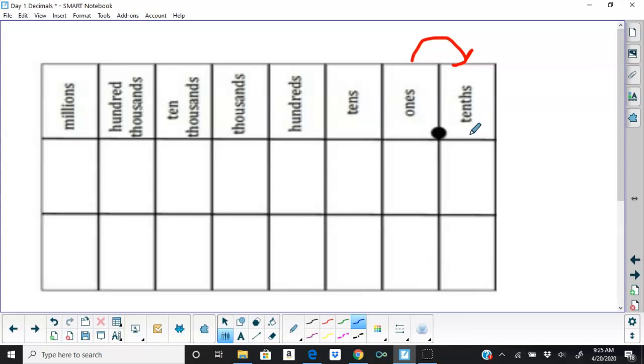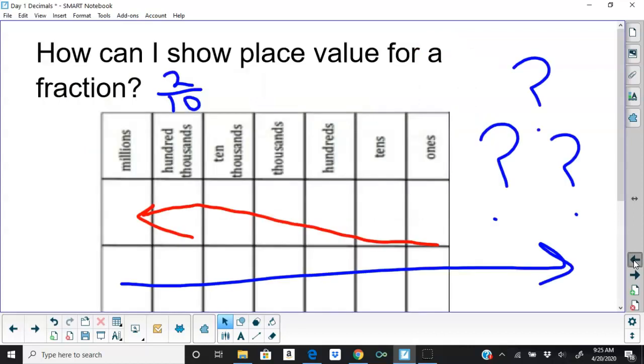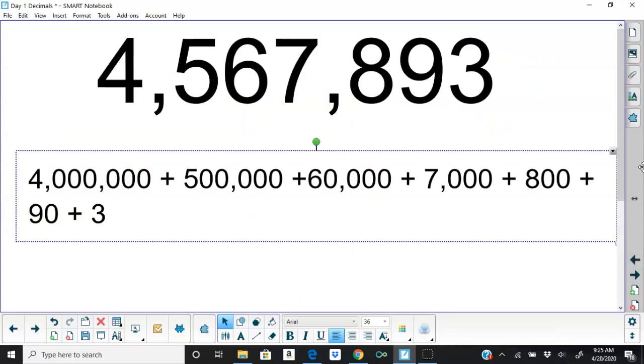Okay, does everyone see this decimal point right here? Now, do you remember when we were reading numbers in the beginning of the year? And we worked very hard to say 4,567,893. And do you remember what I said? You can never, ever say when reading numbers, yes, the word and.